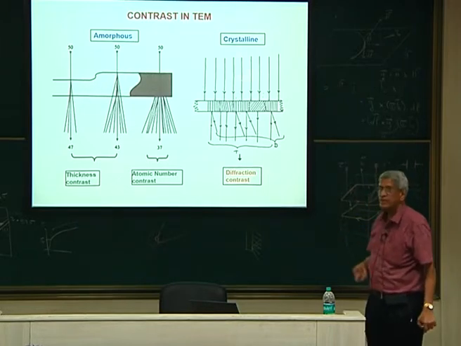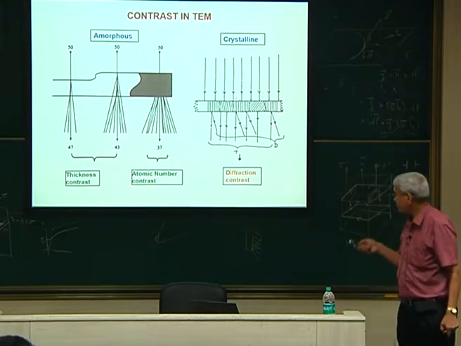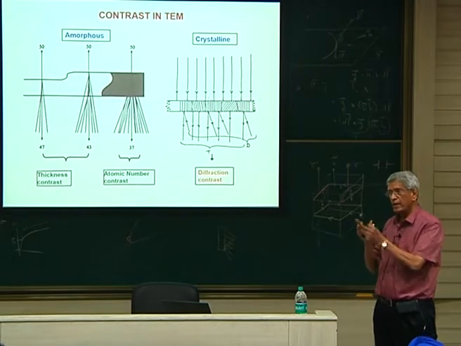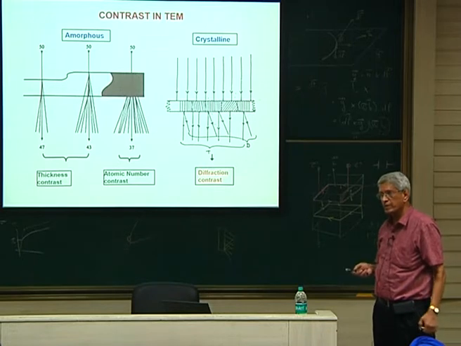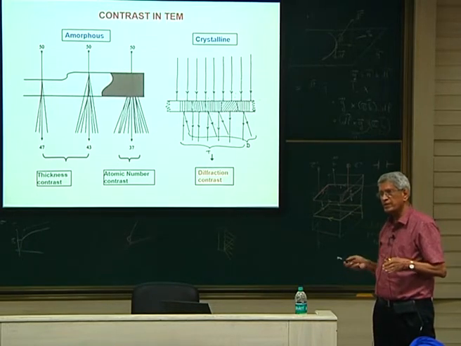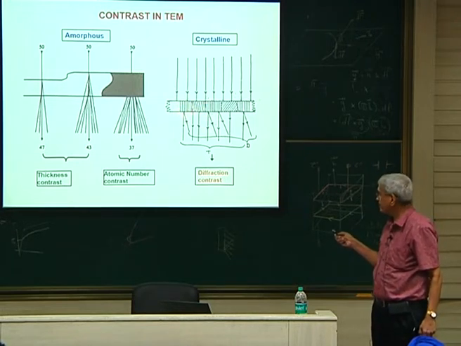But what happens in the case of a crystalline material? In a crystalline material, as the beam passes through the sample, since it's crystalline, the diffraction phenomenon occurs. It depends upon whether that particular orientation is oriented for Bragg diffraction to take place or not.